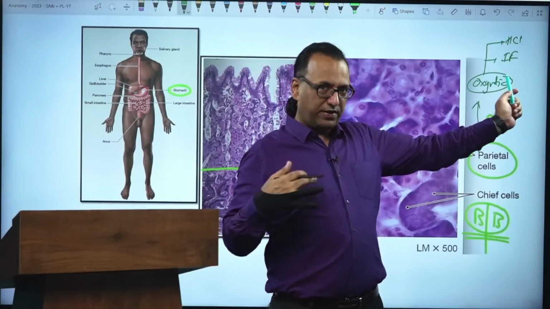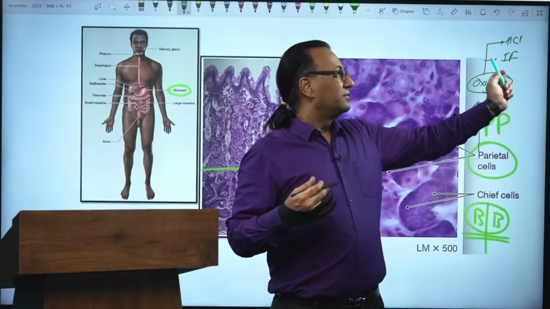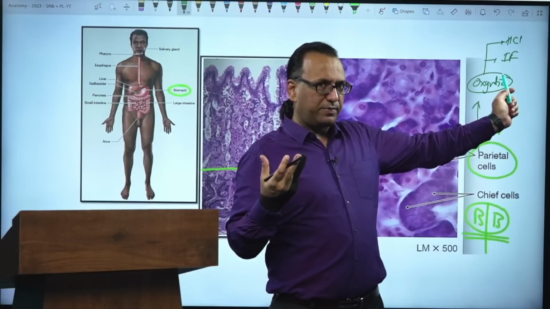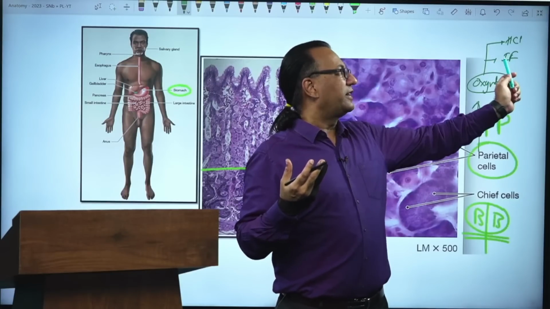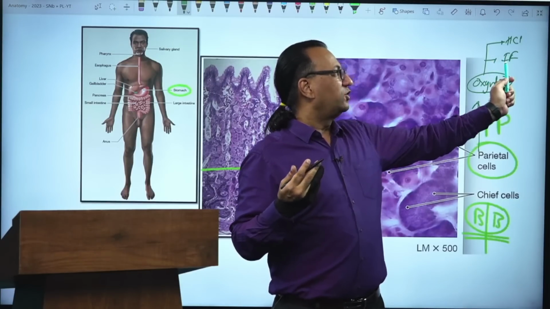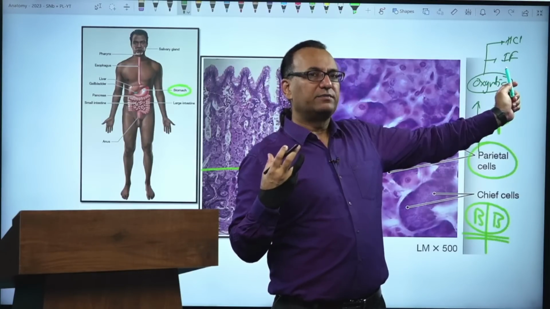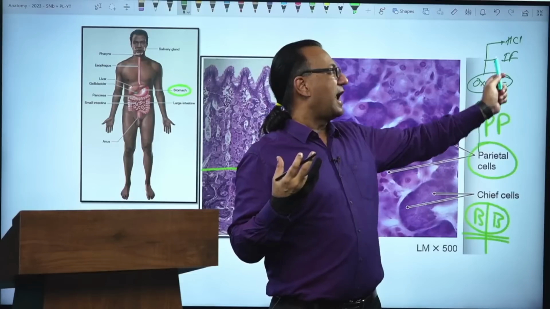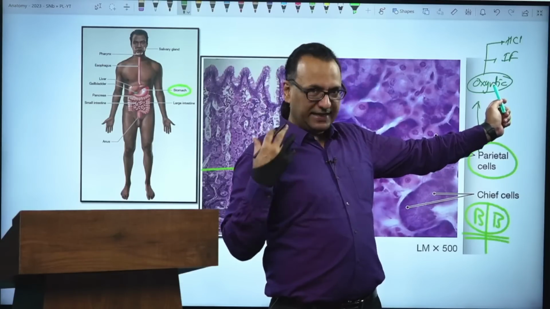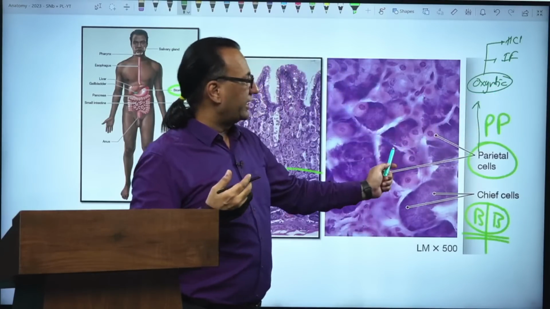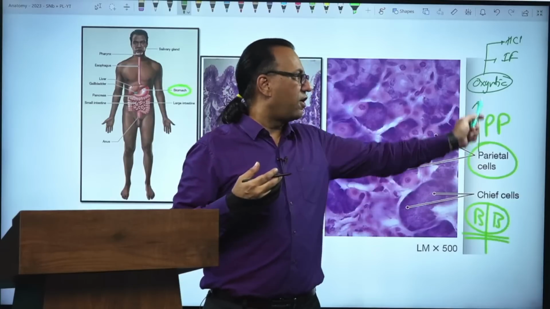And if there is less of intrinsic factor, there will be a problem with the absorption of vitamin B12. And if there is a problem with the absorption of vitamin B12, then you see that there will be megaloblastic anemia, macrocytic anemia, and that macrocytic anemia is pernicious anemia. So it is due to deficiency of the pink cell or parietal cell.